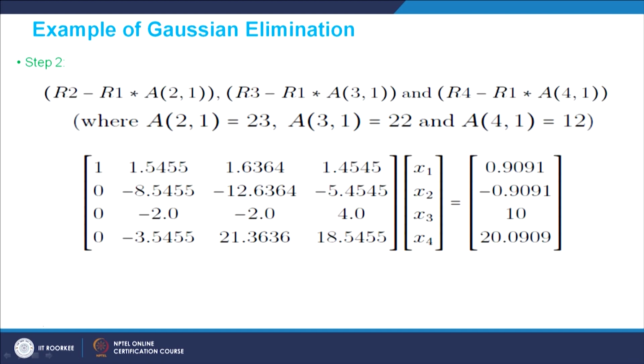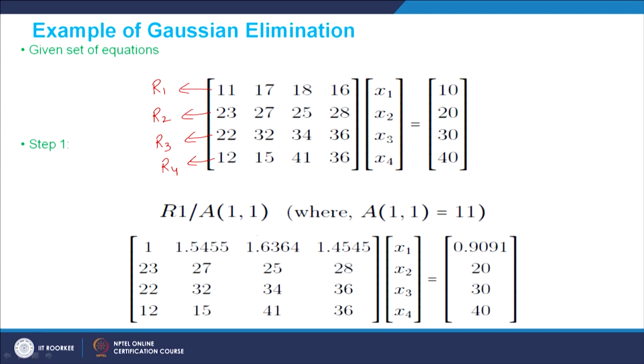In step 2, I have got 3 parts. First is R2 minus R1 into A21. So, in the first case, this row minus this row into 23. We will multiply this changed first row with 23.